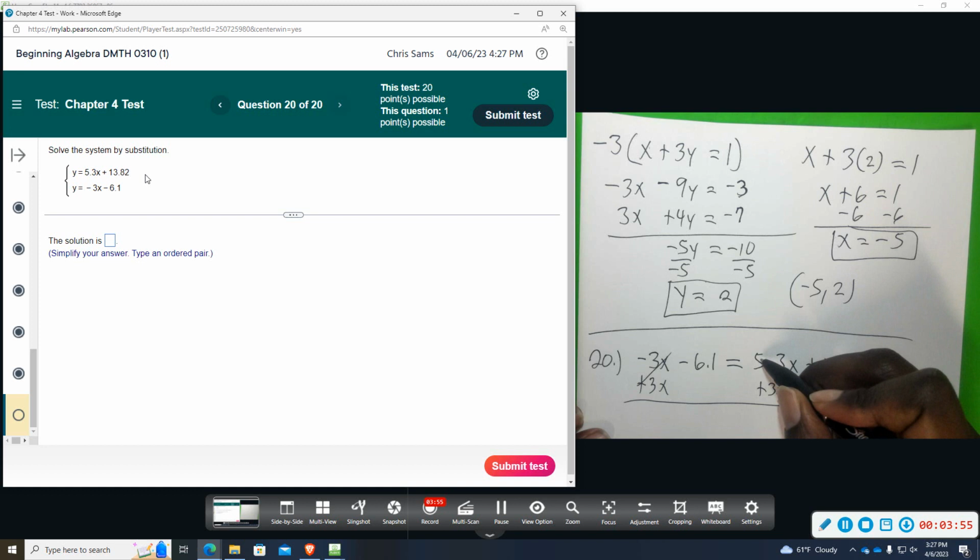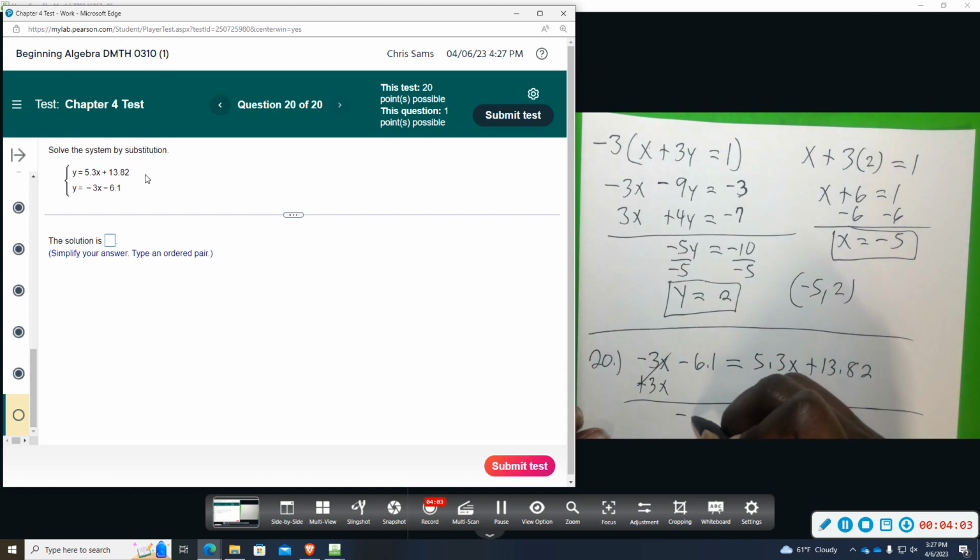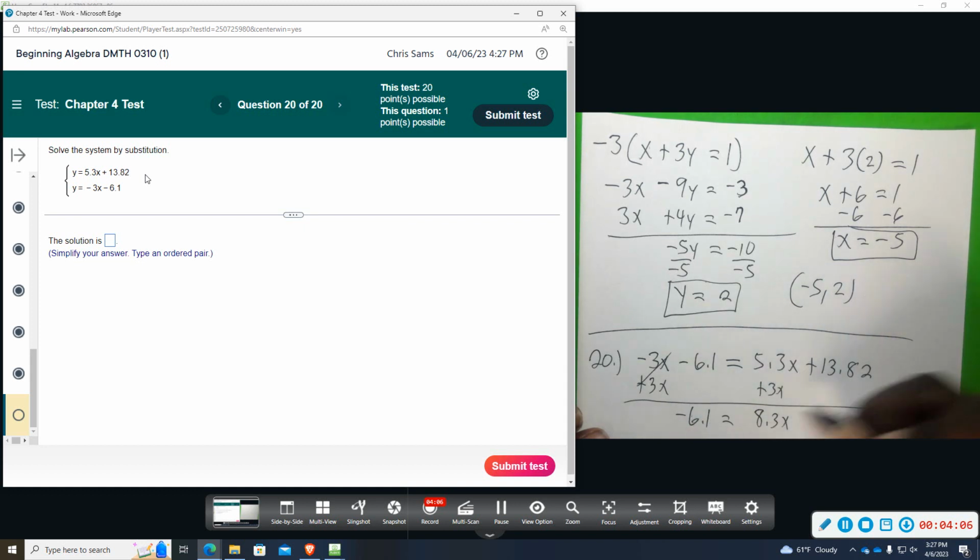Now the 3x is going to be the whole part because this is 5.3. So 3 plus 5.3 is 8.3x. Bring down this -6.1. Bring down +13.82. Alright, so now we're going to subtract 13.82.